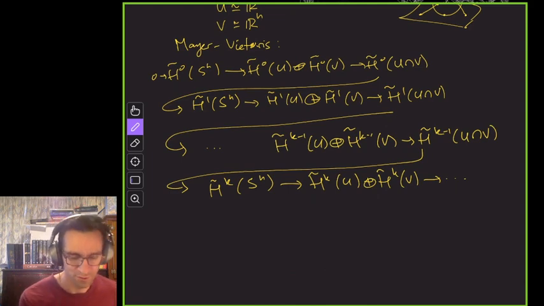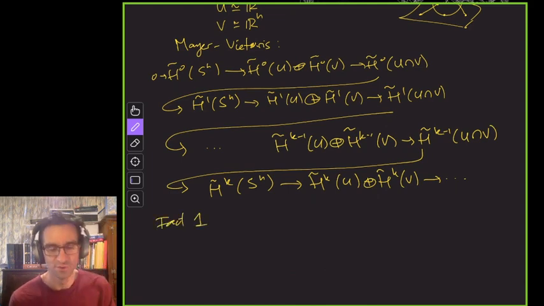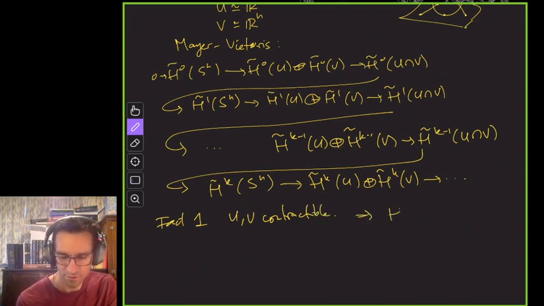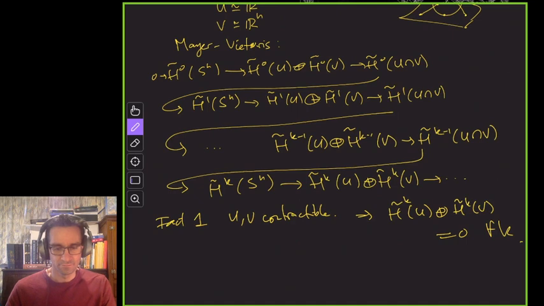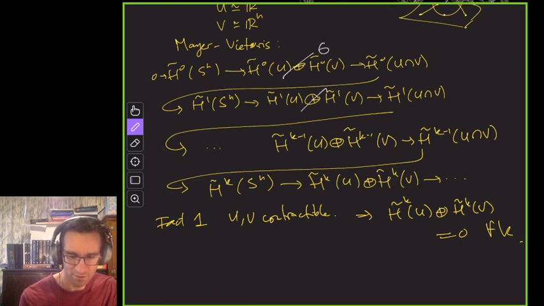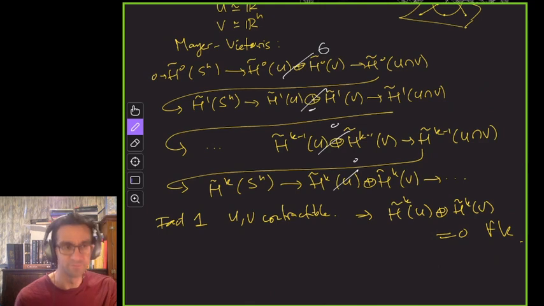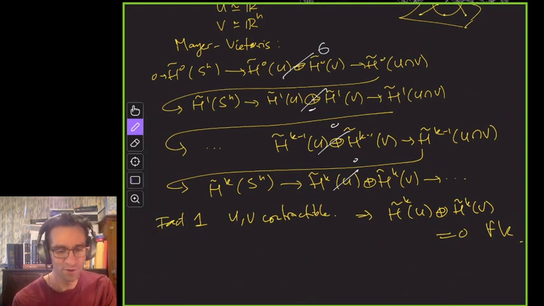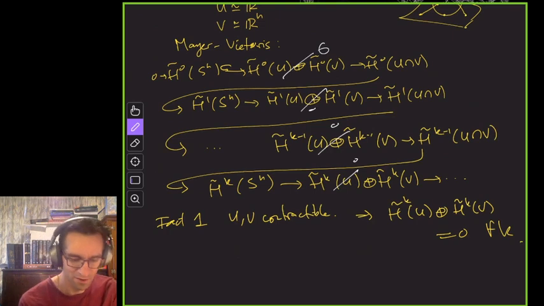Okay, so fact 1: U and V are contractible because they're homeomorphic to Rn. So this is 0 for all k. Oh wow. So first up, that's a 0, that's a 0, that's a 0. And so our long exact sequence splits up into short sequences. Also, I know that this first map here is injective, so H twiddle 0 of Sn equals 0.